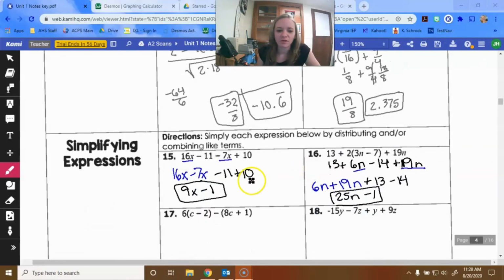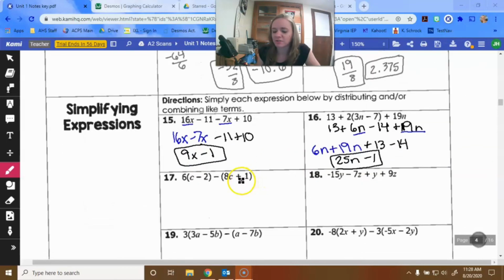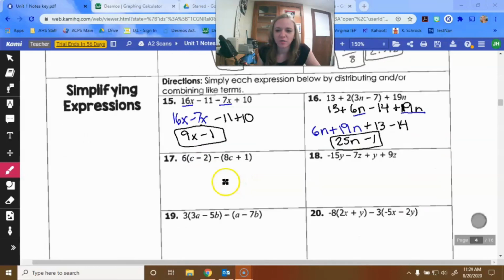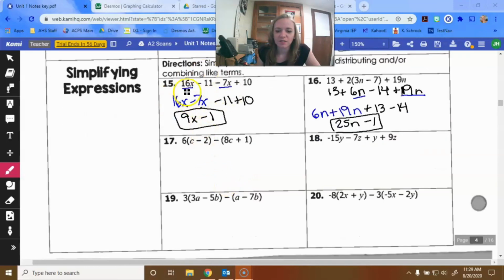And if you started the bottom section, simplifying expressions, I just went ahead and started with a couple. Remember, you combine like terms by moving them next to each other. The really important thing when you combine like terms is keep your signs with the number that they are before. So like this negative is before the 7x, so it stays with it, okay?